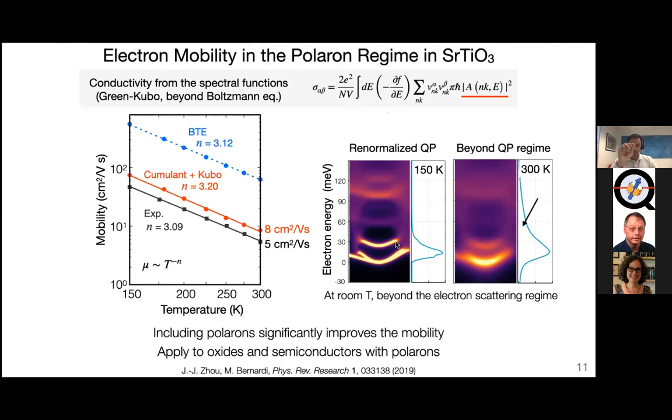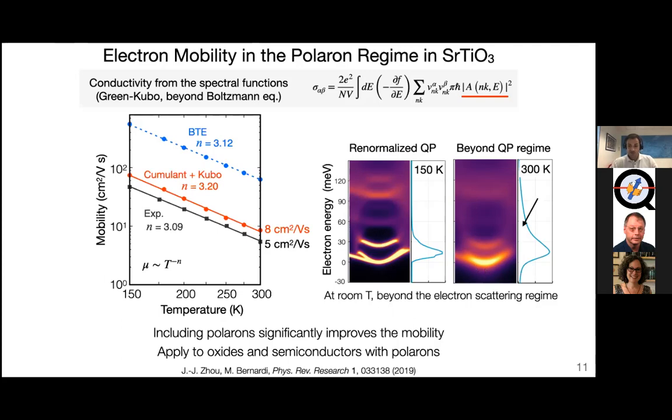So it's still the picture of the electrons that scatter, although now these are renormalized quasi-particles, both in mass and in spectral weight, which is about half of the normal spectral weight, because half is lost to the satellites.